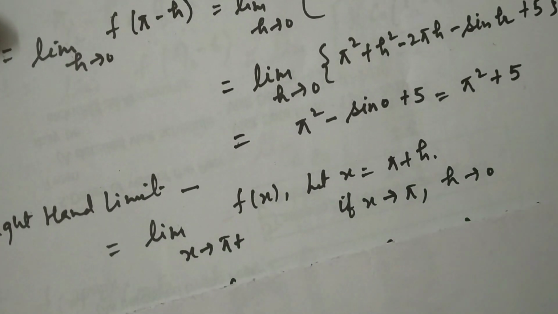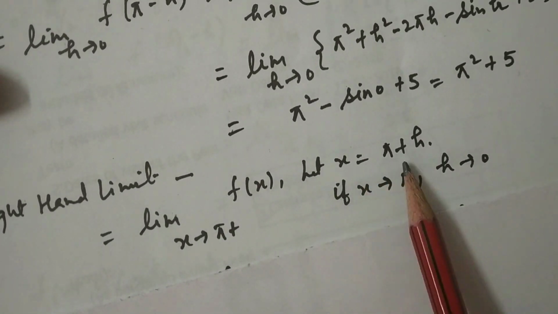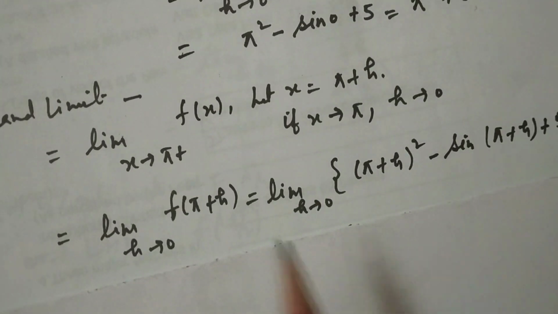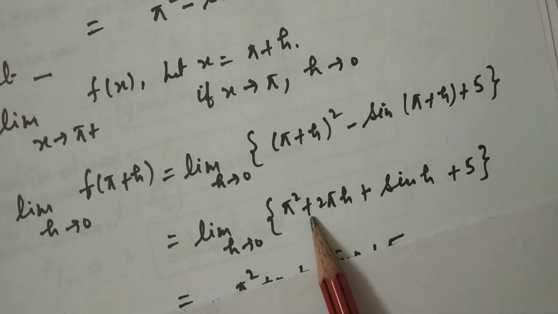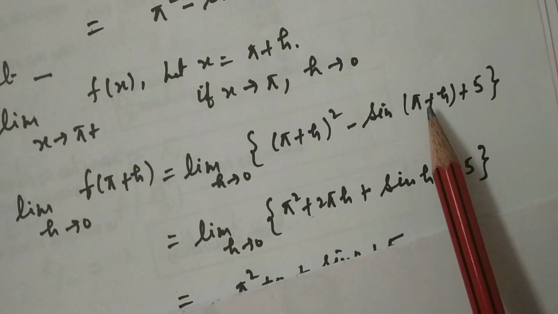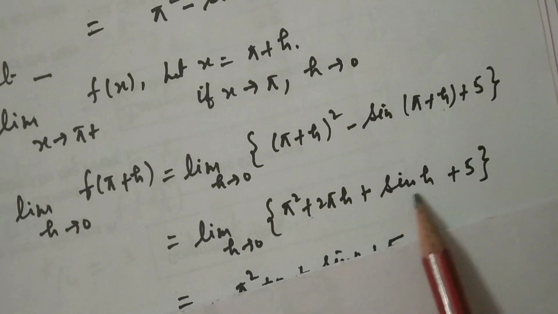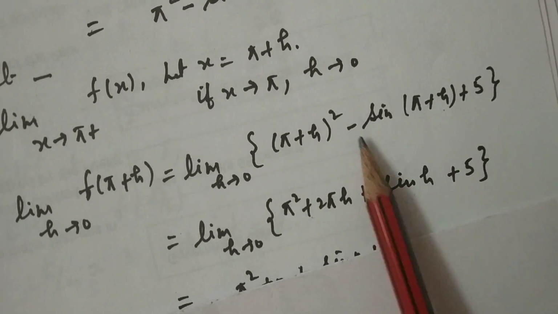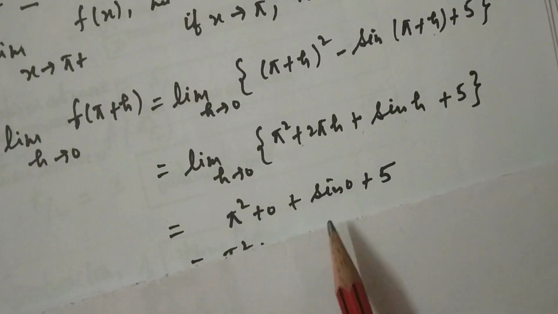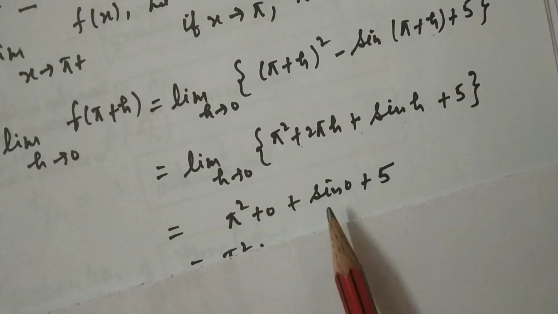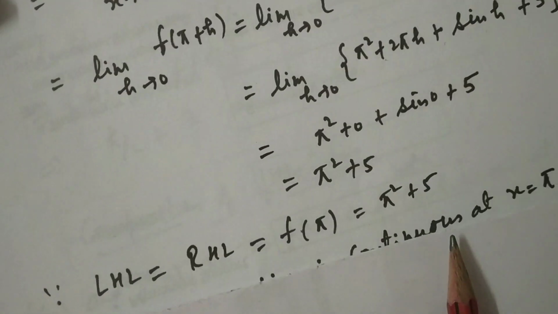Now finding RHL. So for finding the RHL, the same way I write x equal to pi plus h, and I open it using the identity, and since sin(pi plus h) will give me minus sin h, the minus and minus multiplied together gives me plus sin h plus 5, and again by keeping the limit I get this value pi square plus 5 because sin 0 is 0.